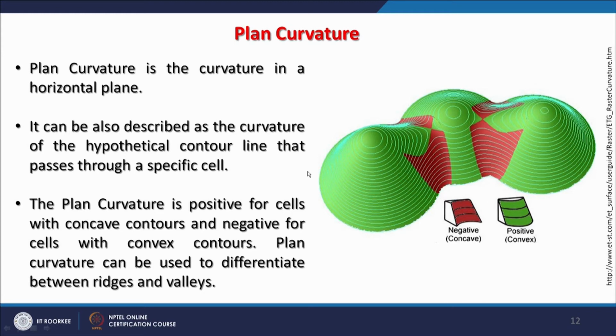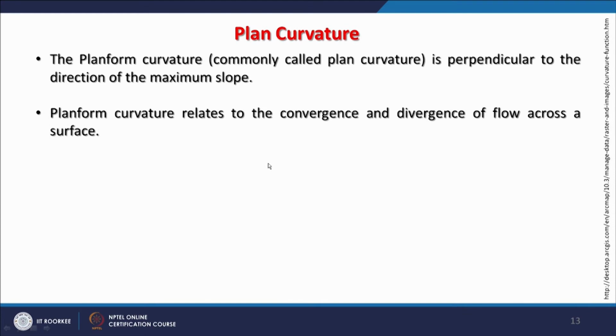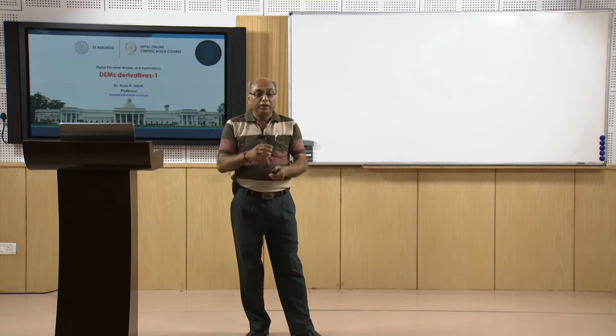Always we measure in that way. And then the plan curvature relates to the convergence and divergence of flow across a surface, because these curvature values we can use to estimate erosional processes in a hilly terrain, and therefore the convergence and divergence of flow becomes very important also.